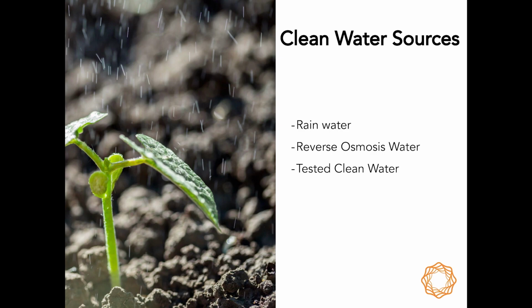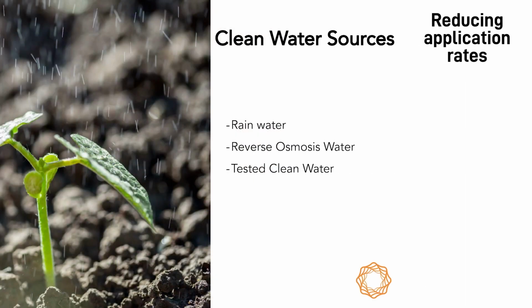I can't even begin to recall how many times we have worked with growers who installed reverse osmosis systems purely for the purpose of producing clean water for their foliar applications. And small units have a price tag of about $4,000 to $5,000 and then upwards from there.